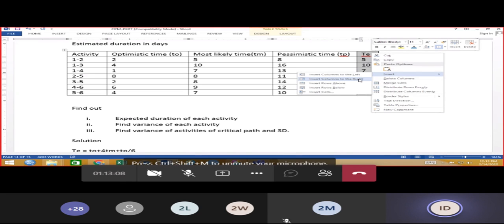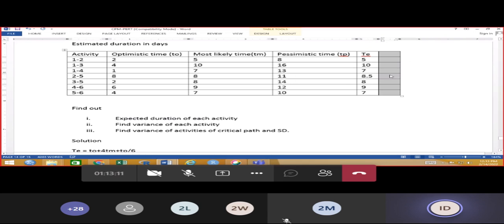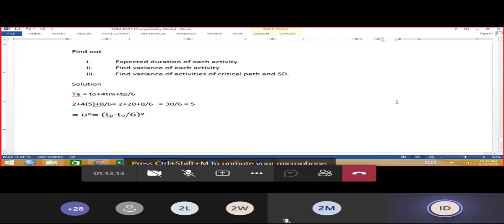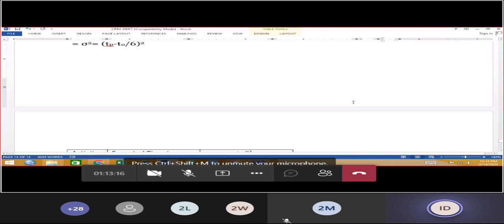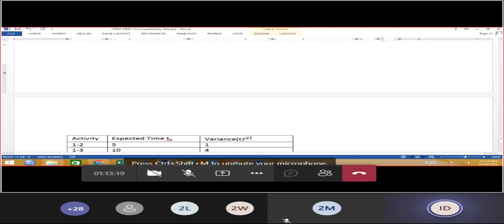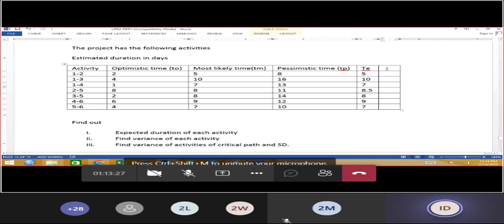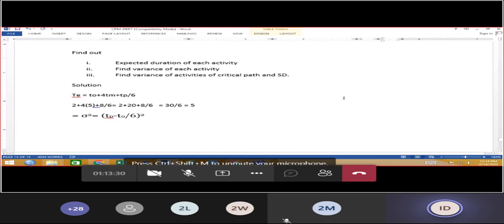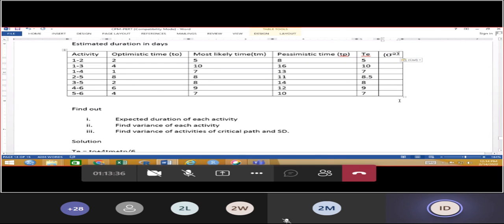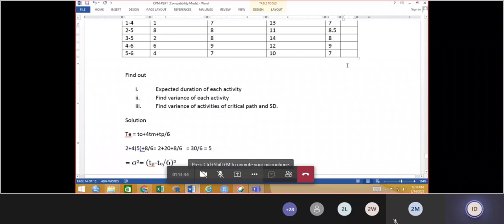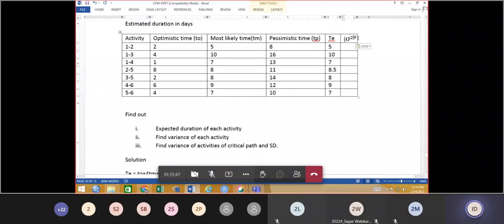And for the next calculation, we have to calculate variance for each activity. Variance square directly. Variance is TP minus TO divided by 6, raised to 2. Come on, fast, do the calculations.